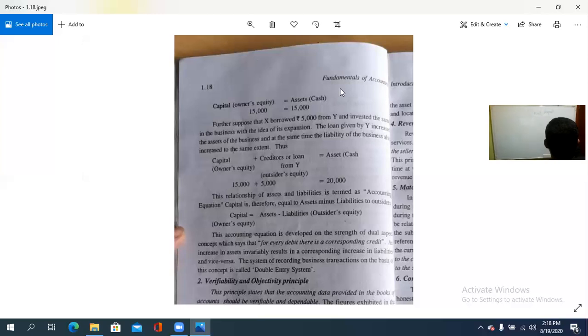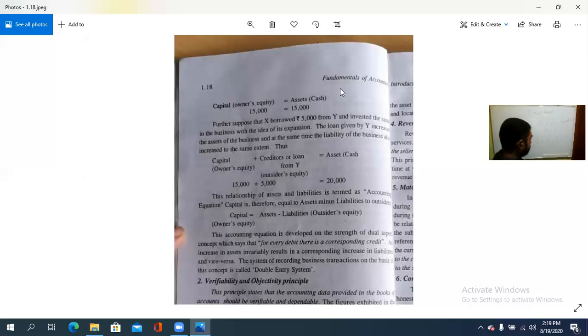ഇതാണ് ഓർക്കേണ്ടത്, അക്കൗണ്ടിംഗ് ഇക്വേഷൻ. ക്ലിയർ? Then capital is equal to asset minus liability. Then asset is equal to capital minus liability, and liability is equal to capital minus asset.